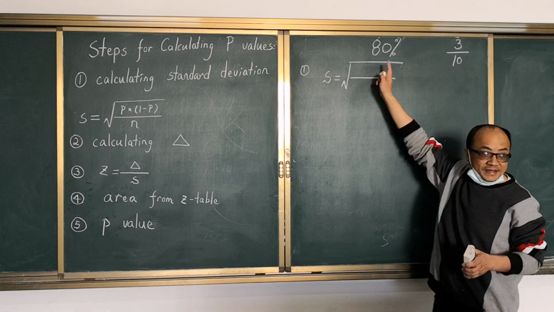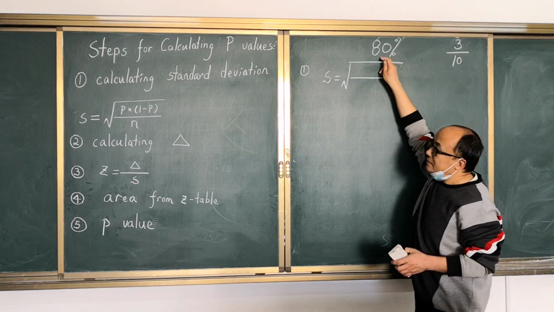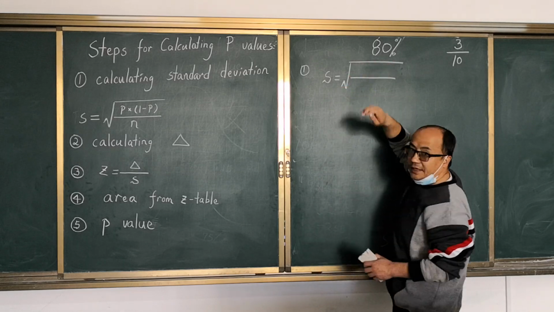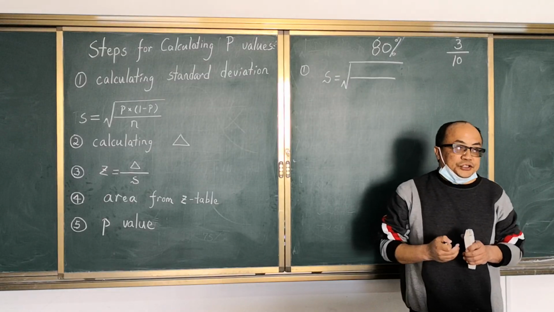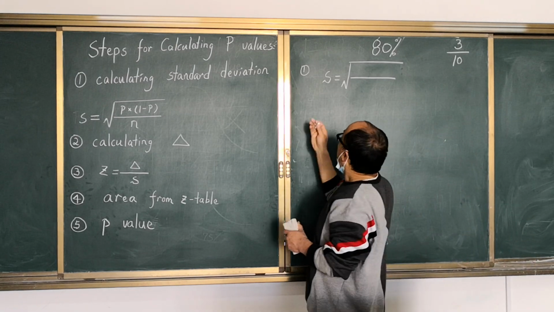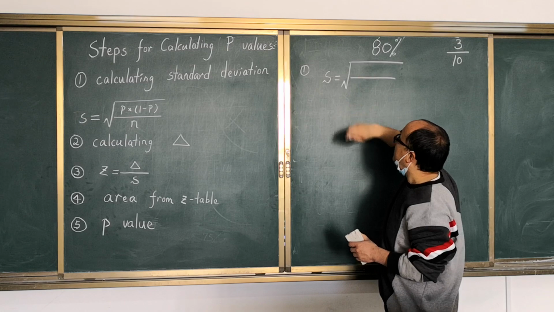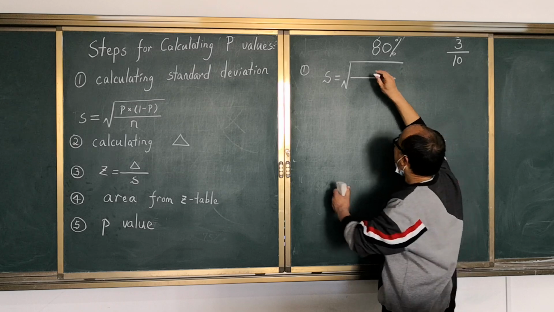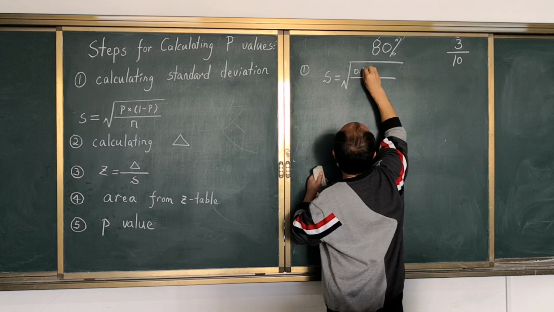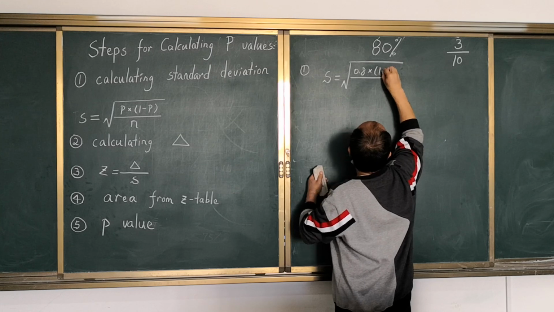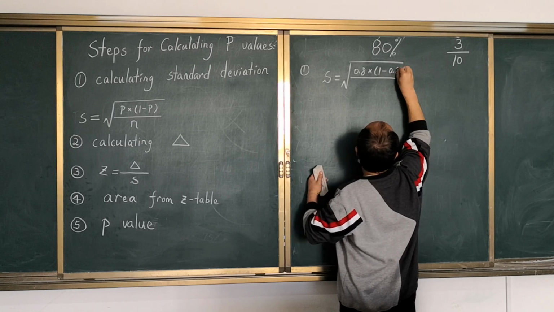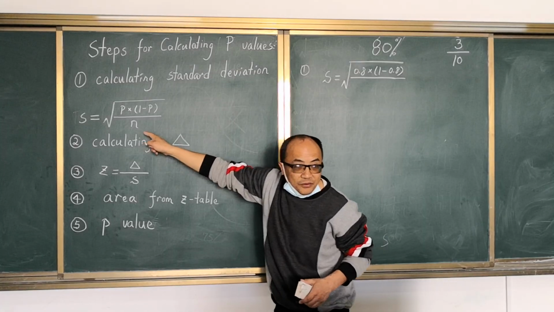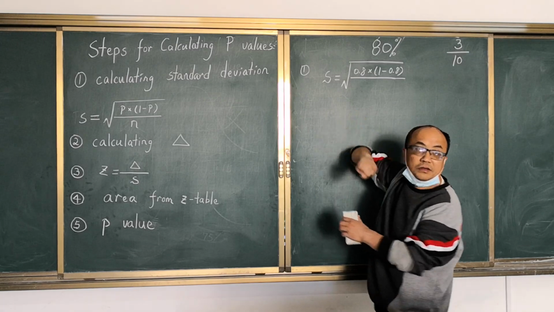So what is the P? Yeah, it's 0.8. And that is the assumption. We are assuming he's 0.8. Okay, so it's 0.8 times 1 minus 0.8, divided by what? Only three.